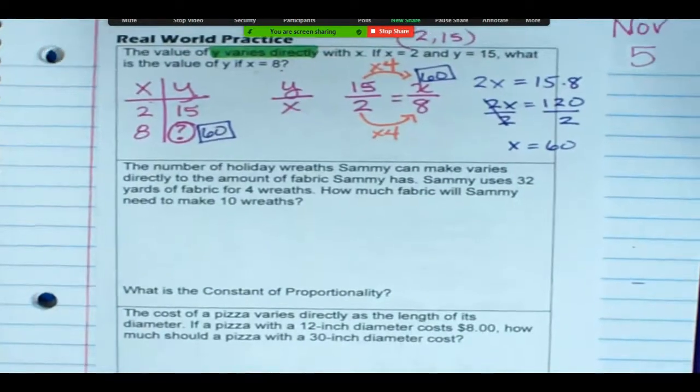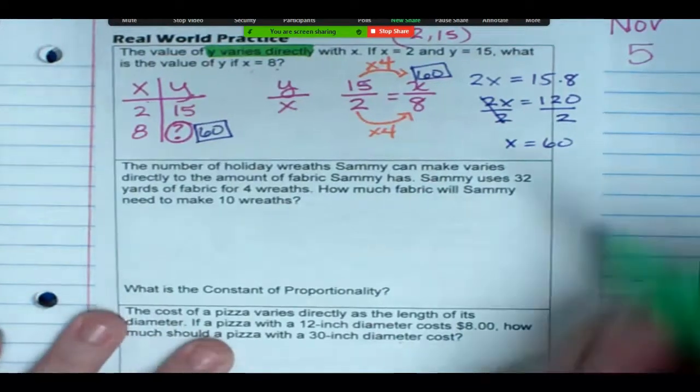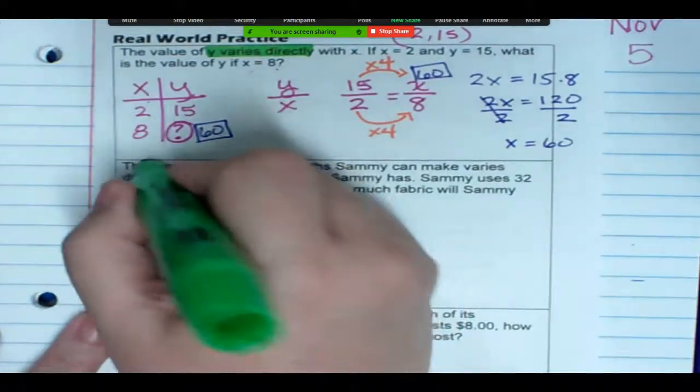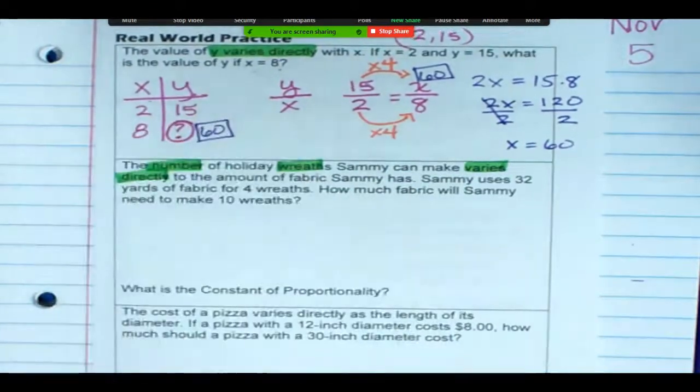The number of holiday wreaths Sammy can make varies directly to the amount of fabric Sammy has. Sammy uses 32 yards of fabric for 4 wreaths. How much fabric will Sammy need for 10 wreaths? So again, the number of wreaths is what varies directly. So that's going to be my y value.